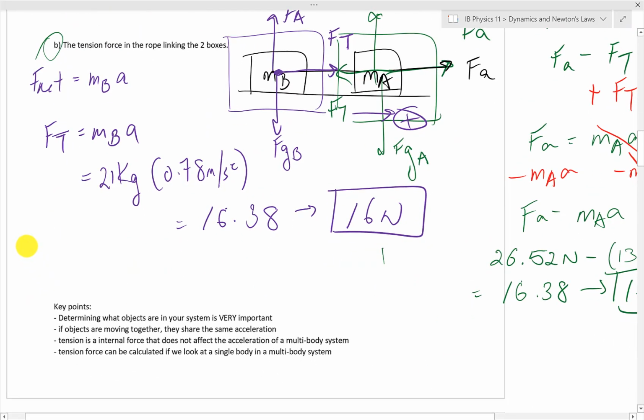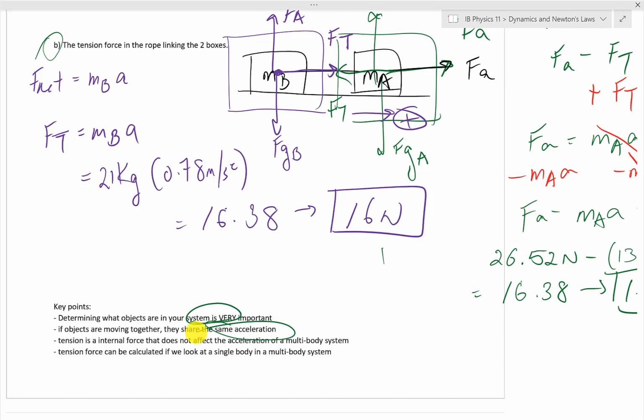Now, notice that when you deal with these multi-body systems, determining your system is very important. What is in your system, what masses are involved, and choosing appropriately to get you what you want at the end. If the objects are moving together, they share the same acceleration.